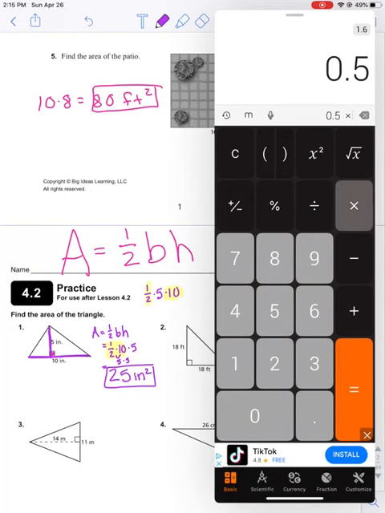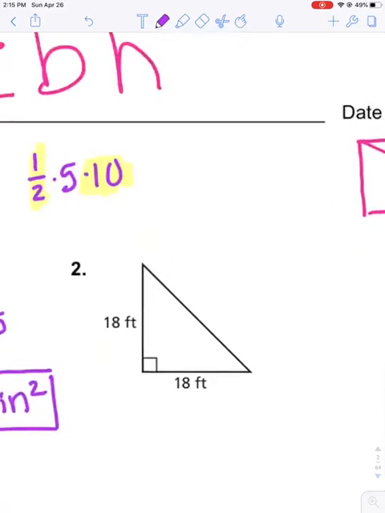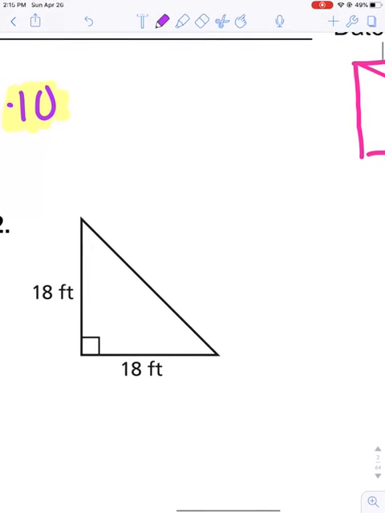Okay, there we go. So I want 0.5 instead of 1/2 times 10 times 5. That equals 25. So you can type it in that way. You could also type in 10 times 5 divided by 2. That equals 25 as well. So you could use a calculator or you could use mental math strategies.